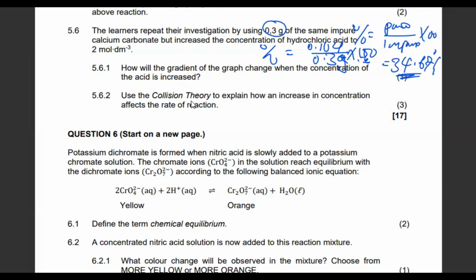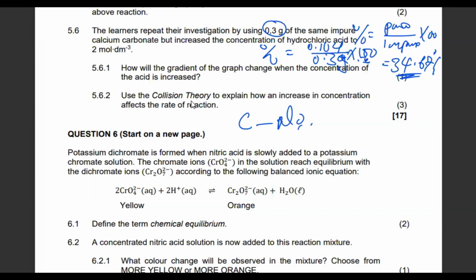When you talk about concentration, it means that you're increasing the number of particles. But don't just say the number of particles per unit time. The number of particles will increase per unit volume. Per that specific volume, the number of particles which are there will be higher.